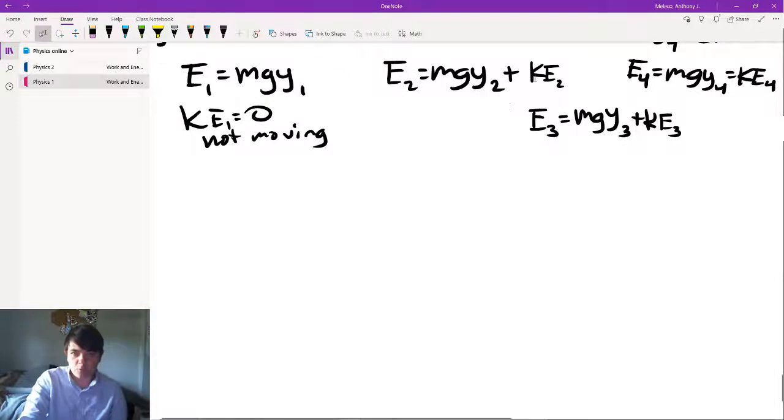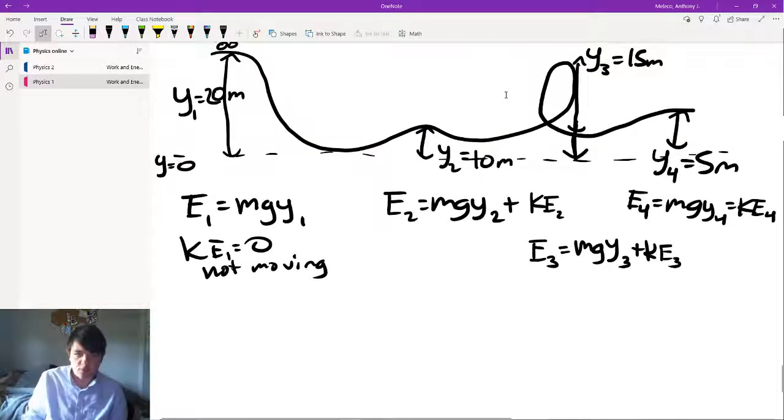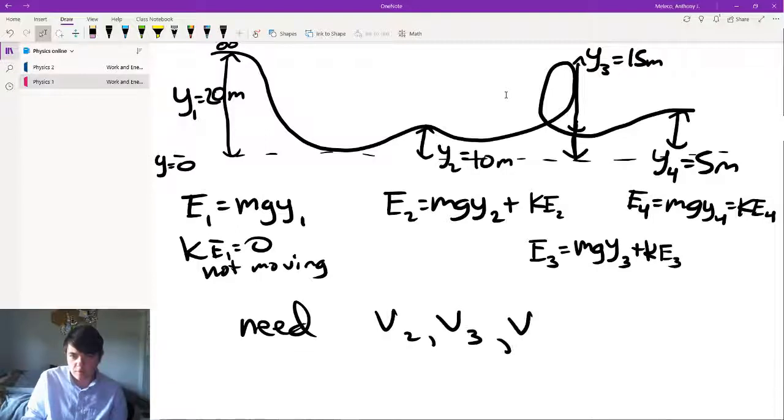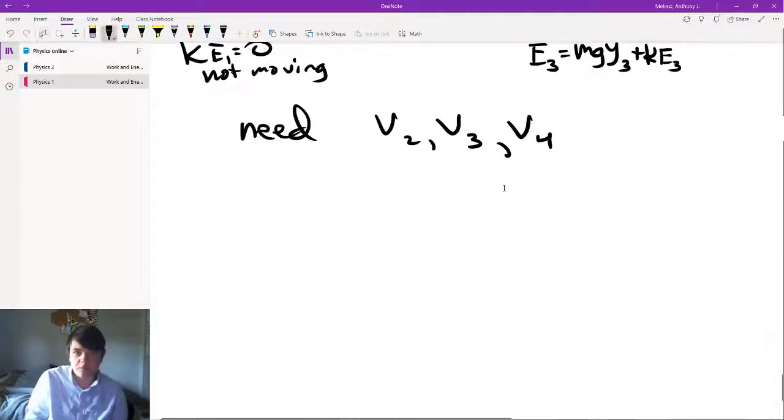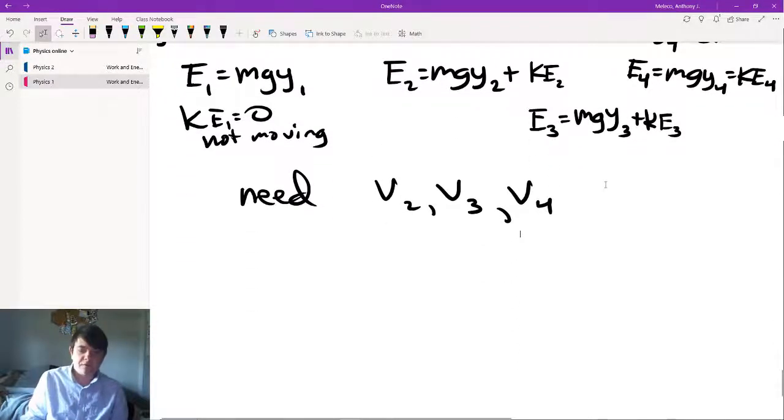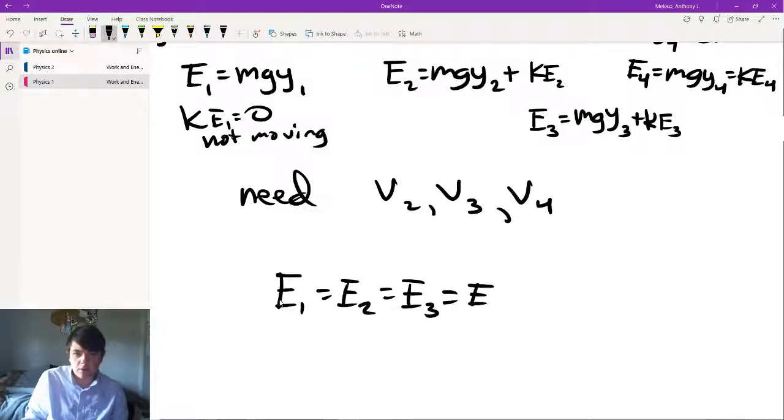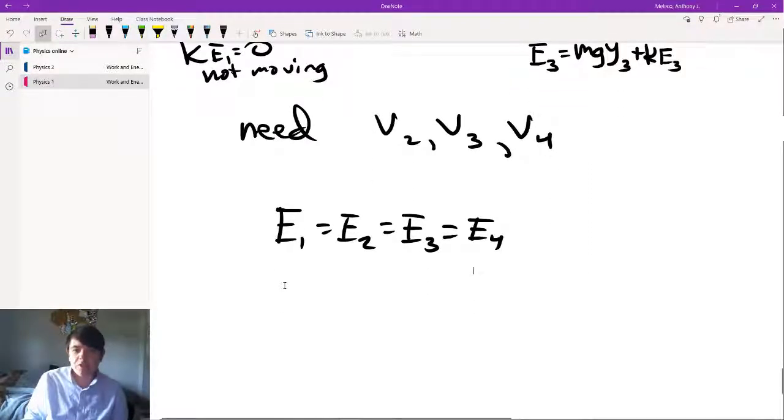So we want to solve for the velocities at the different points. We need V2, V3, V4, and they're embedded in these kinetic energies. The easiest way to do this is set energies equal and solve. E1 equals E2 equals E3 equals E4. You can do this however you want.